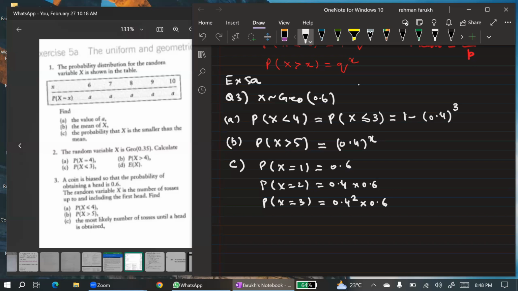Probability of x is equal to 3 means in the first two experiments there was a failure, and in the third experiment we will get the first success. Now you can see that the probabilities will keep on decreasing. So x is equal to 1 has the maximum probability. So x is equal to 1 is the mode of the distribution always.